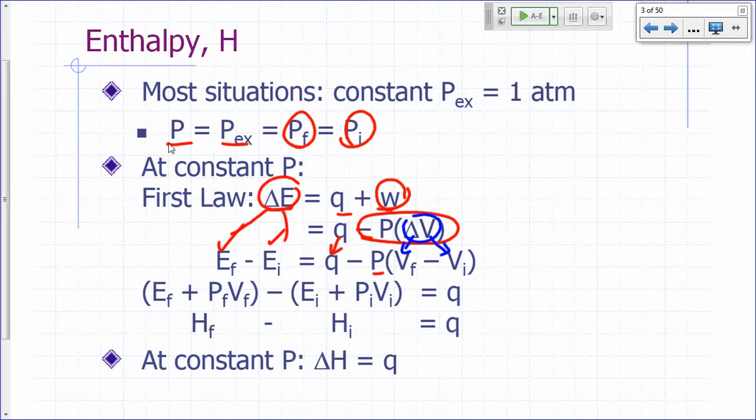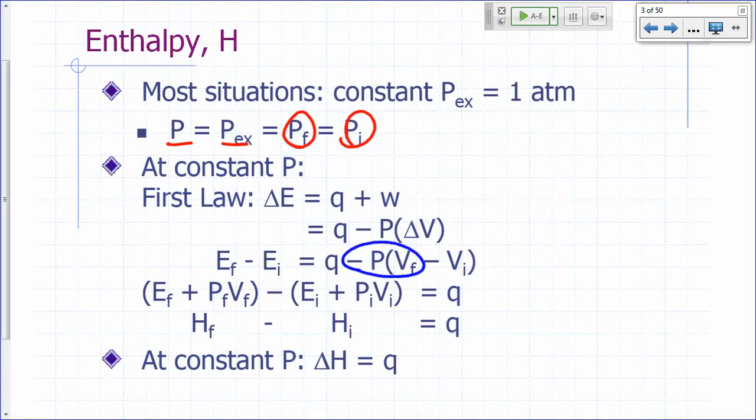I can rearrange this equation to solve for Q. I can move my P times V final over to the left side, and since P is the same as P final, I can call that P final instead. So I have E plus P final V final minus E initial, and then P times V initial I can move to the other side as well.